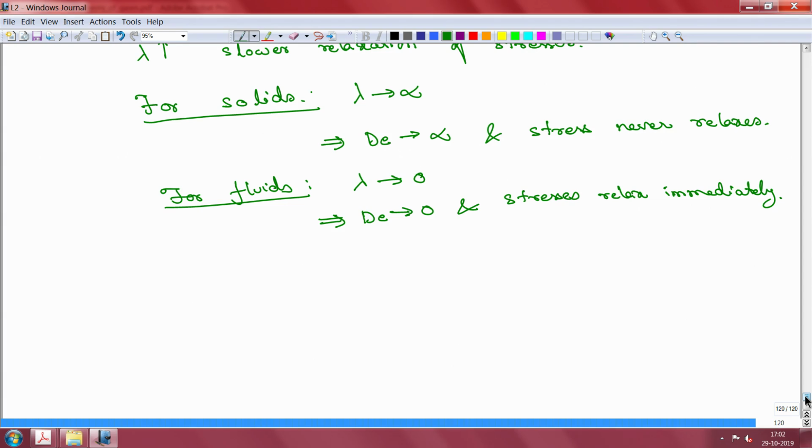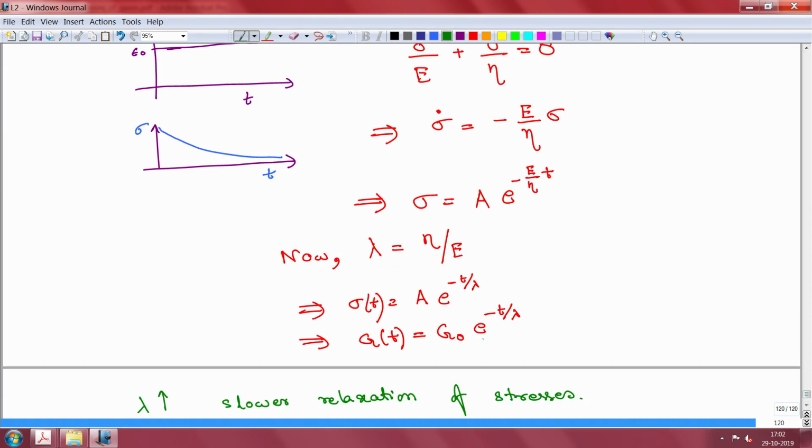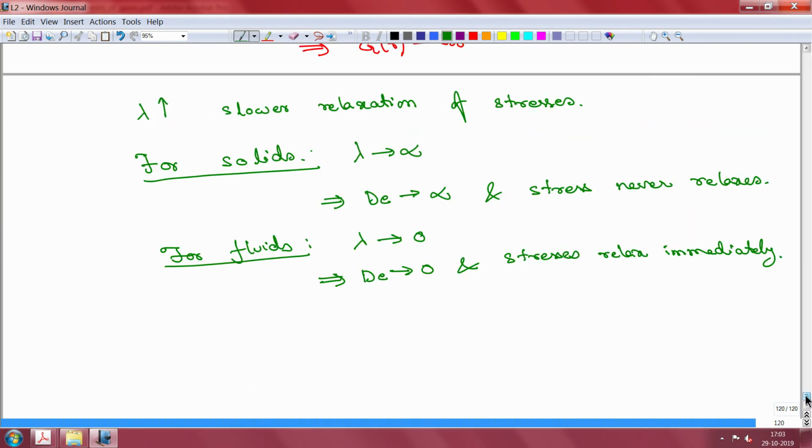And then finally, one more thing that you can observe from this is that as t goes to infinity, this quantity goes down to 0, right. So, this stress relaxes totally, and that is indicative of what kind of behavior? A fluid behavior. So, for large times, the stresses relax completely.